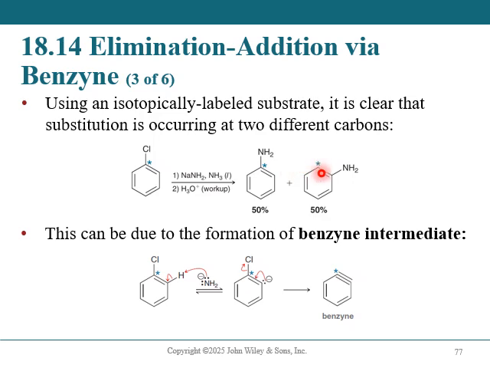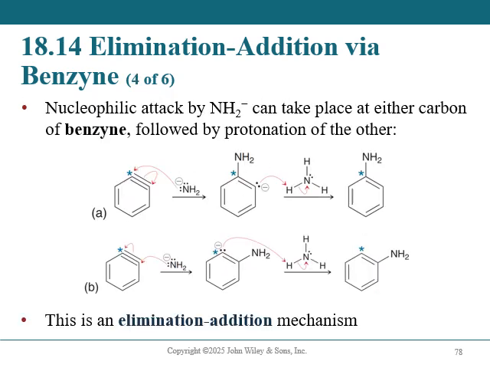And this can be due to the benzyne intermediate. This is a species that you can see here that has a triple bond inside of your benzene ring. Nucleophilic attack by the amide anion can take place at either carbon of benzyne, followed by protonation of the other. And in that case, you have two sites, which means that you will get those two products.